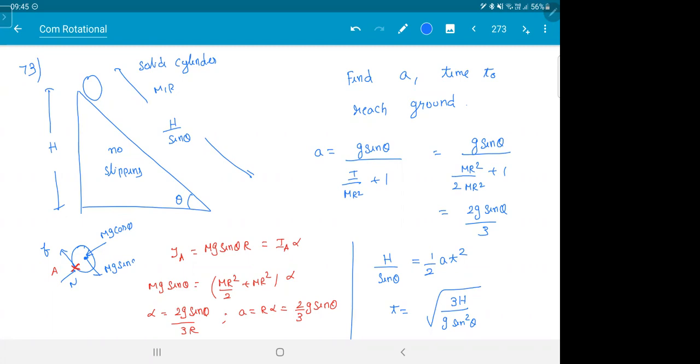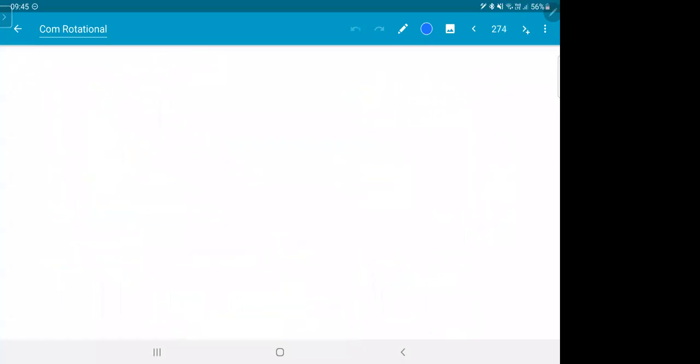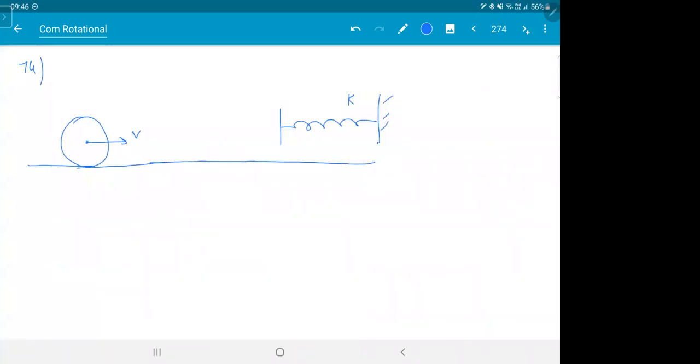Copied. Next one. We have a ball here going with v, and there is a spring. So it is pure rolling, meaning there is no slipping.